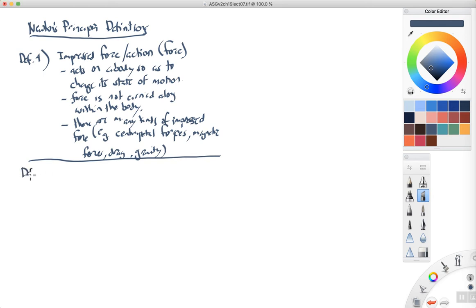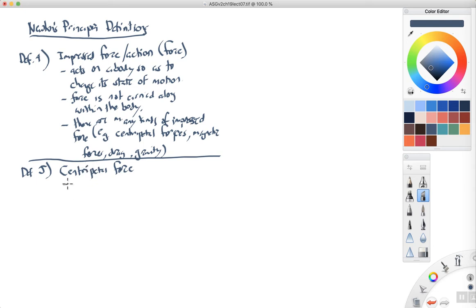So definition 5. Here he defines a specific kind of impressed force or action, a centripetal force. So what is a centripetal force?